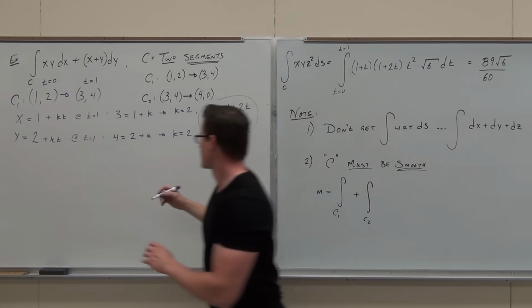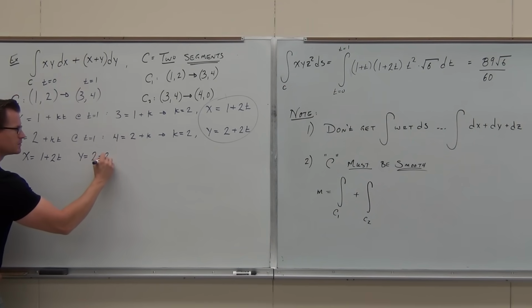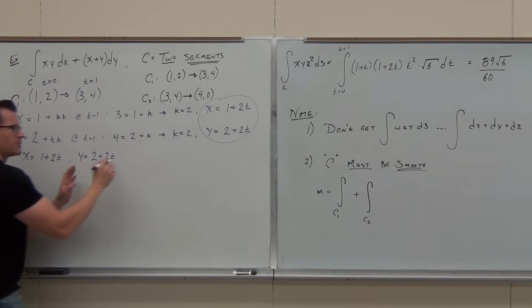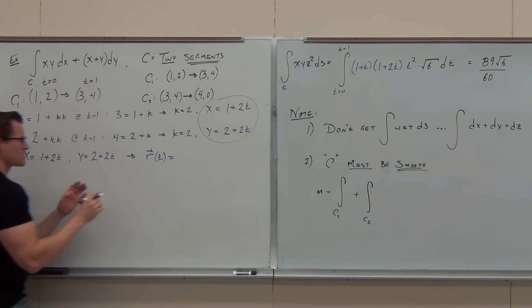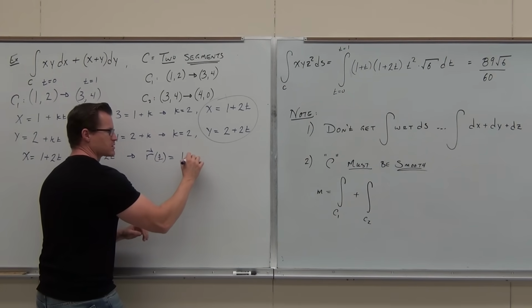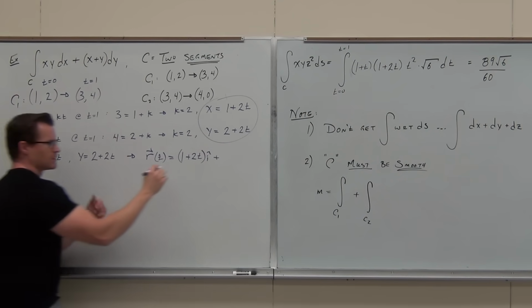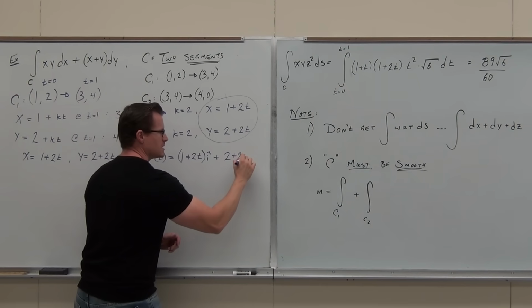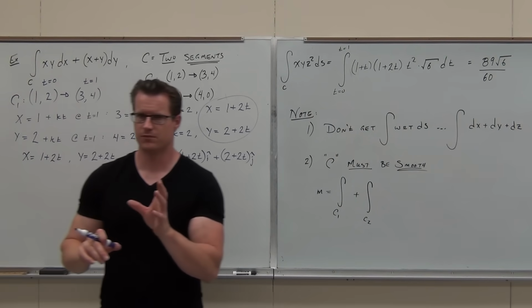And from here, just rewriting it, I'll be able to create my vector function. Very straightforward, I'll have 1 plus 2t i plus 2 plus 2t j. And okay, that would be the vector function.